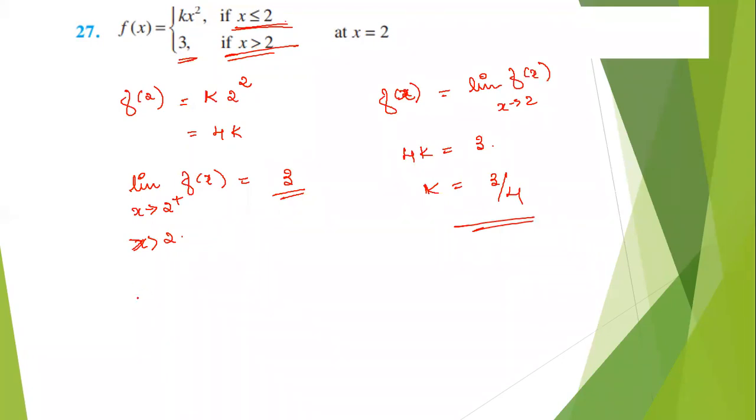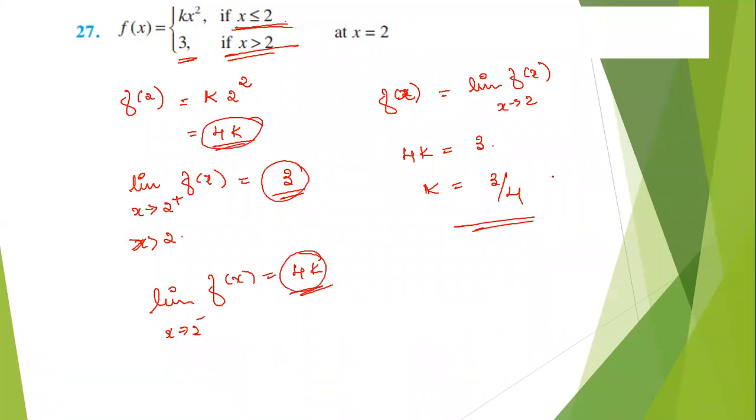Correct? Left hand limit, limit x tending to 2 minus f of x, you get as 4k itself. So all these three values should be the same. Then only we can say a function is continuous.